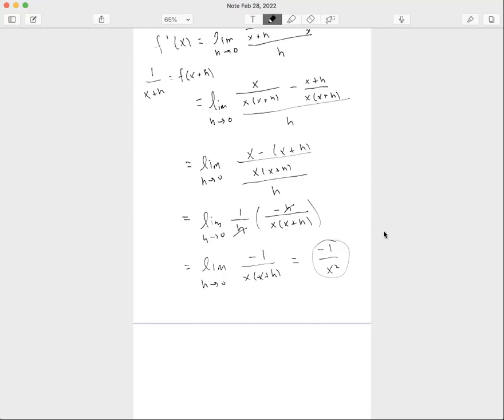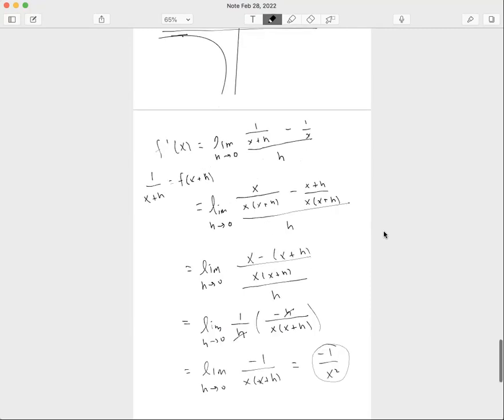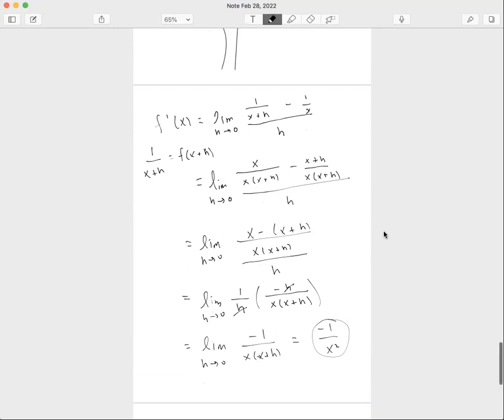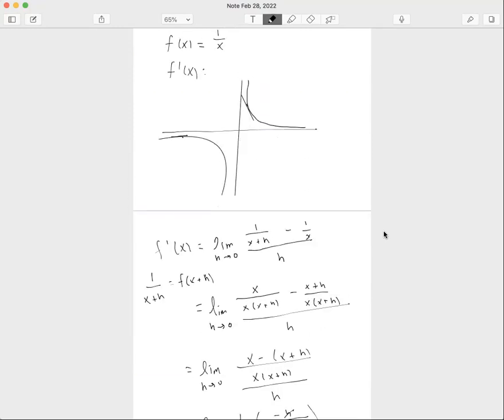So to power rule wizards, this makes sense to you, right? And we just proved it to ourselves. Can you tell me why this is always negative? Remember our supposition was that the derivative must always be negative because all the slopes that you draw have to be negative.